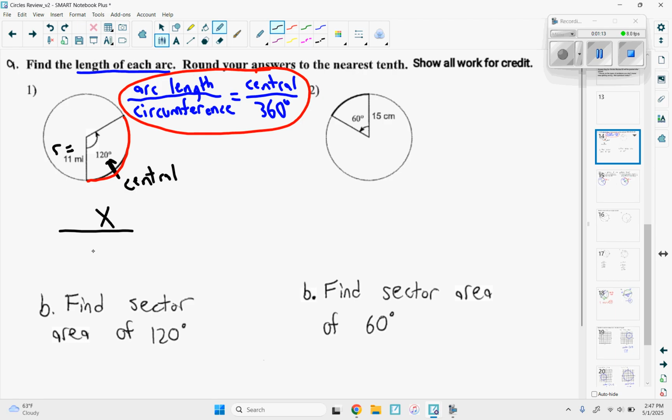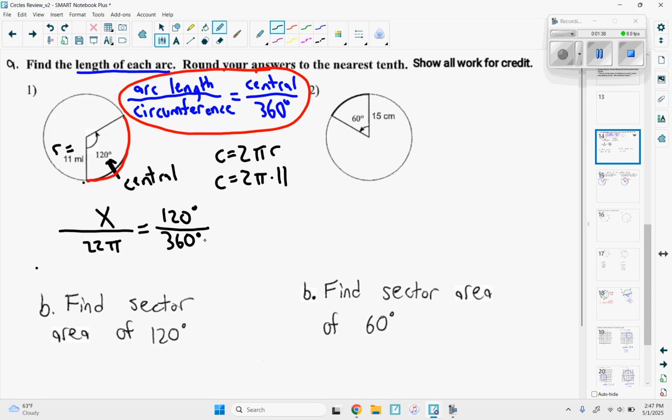Below that is circumference, and our formula for circumference is 2 pi r. We know our radius, so 2 pi times 11, and so our circumference is 22 pi. And then on the other side, they gave us the central angle is 120 degrees, and that's out of 360.